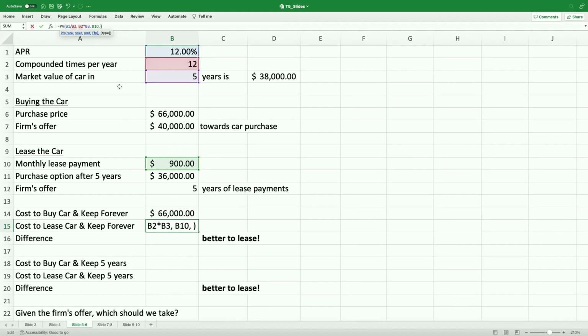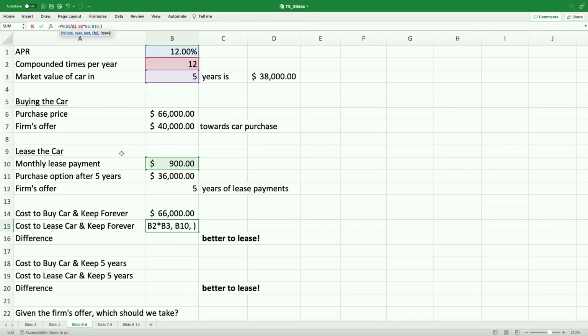Remember I told you there are two optional pieces to the PV function, right? That FV at the very end, which remember I said is a lump sum payment. You can specify to the PV function, suppose I have this annuity, the same amount either per month or per quarter or per year, and then a big lump sum payment at the end. Well, this is exactly the case where we can use the big lump sum payment at the end.